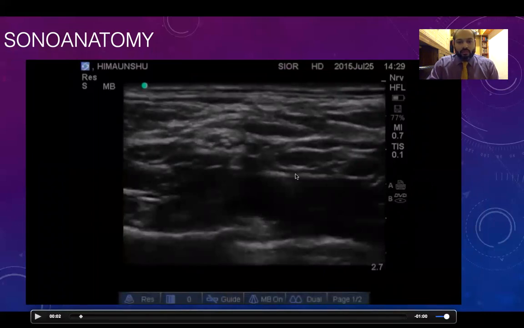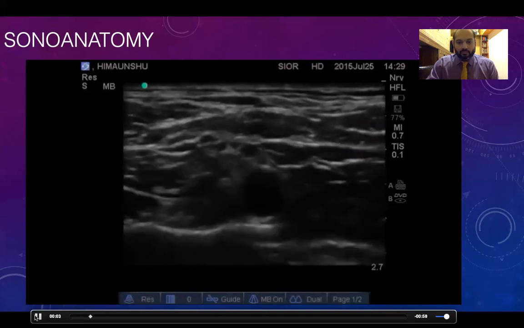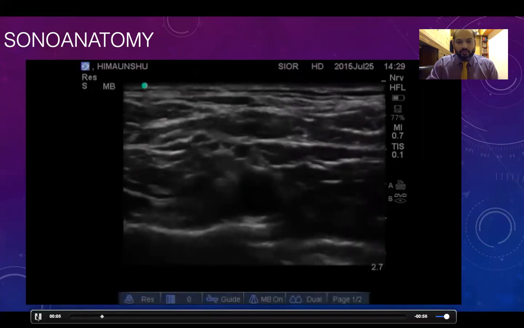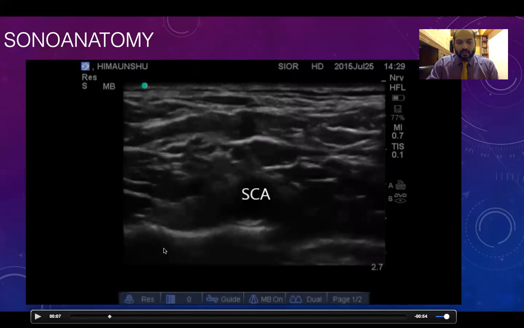So here again the lighthouse is a vascular structure which is circular, anechoic, pulsatile, and that is the subclavian artery. You can see the subclavian artery which is pulsatile. Just below the pulsatile subclavian artery, there is a hyperechoic line which represents the first rib.